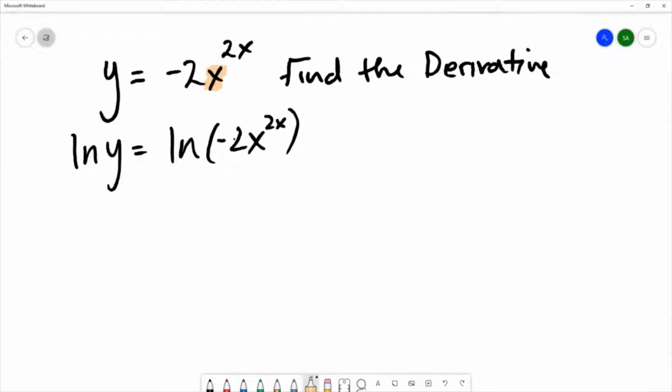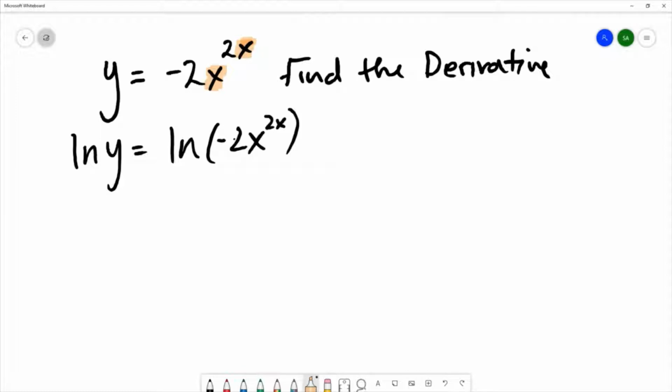But we don't have any derivative rules for when x is in the base and x is in the exponent. So calculating the derivative with logarithmic differentiation allows us to get that x out of the exponent.